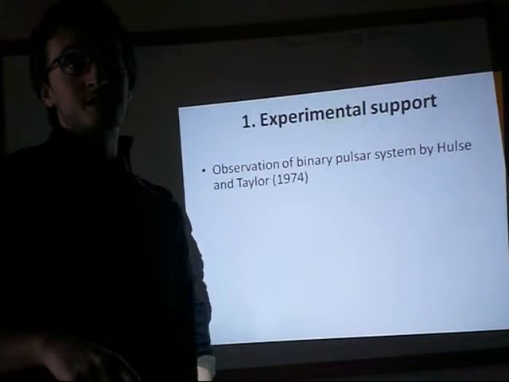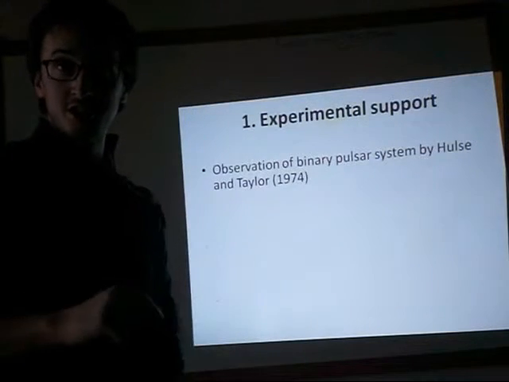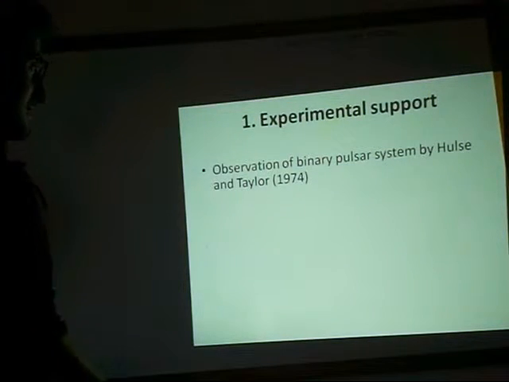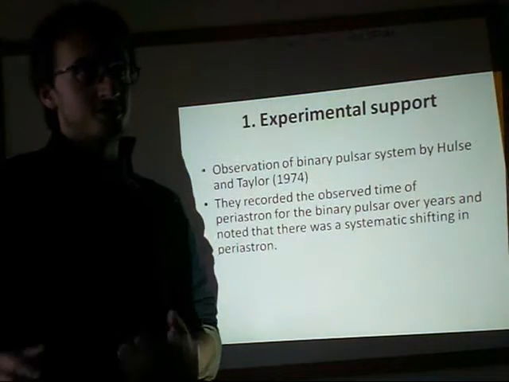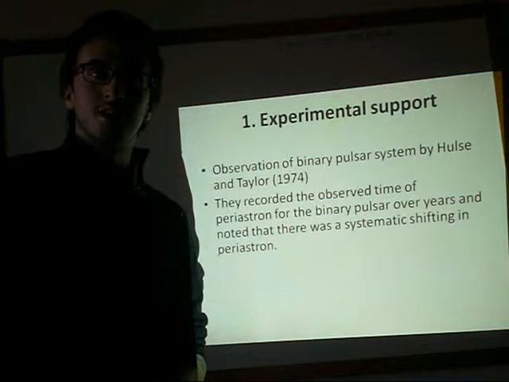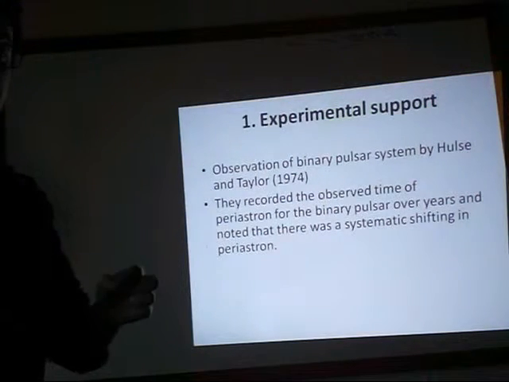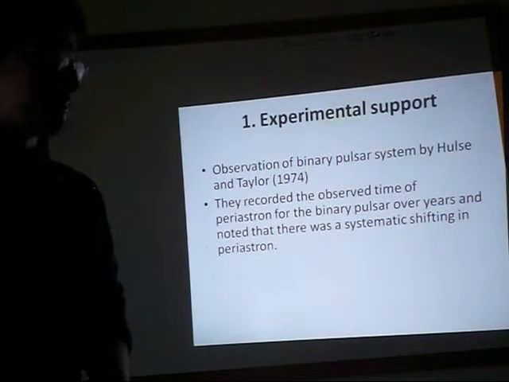The periodicity varies over time, but the variation is regular. And for that, he supposed that it's not only one pulsar, but two pulsars rotating around their center of mass.